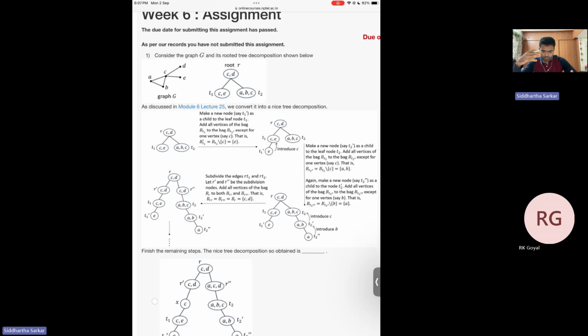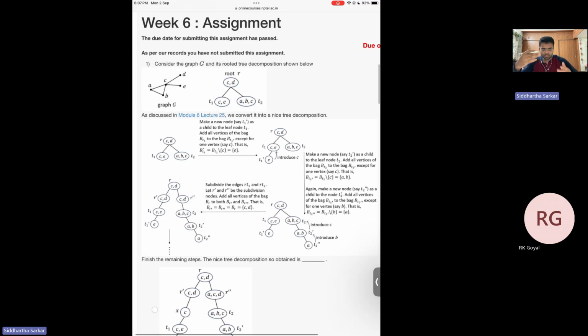But before that, let's understand what the question is asking at a high level. A graph G is given and a rooted tree decomposition is given, as shown in the picture. Now we are converting this rooted tree decomposition into what is called a nice tree decomposition. There are some steps, some algorithm discussed in the video, that you have to follow to convert a given rooted tree decomposition into a nice tree decomposition.